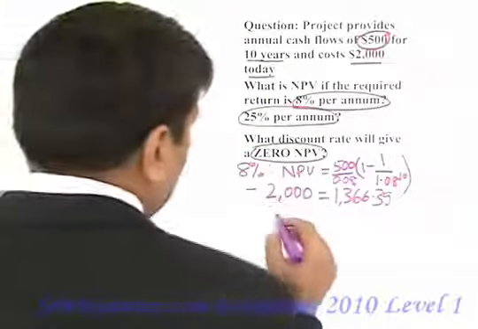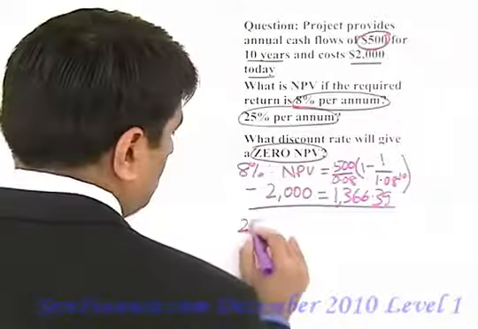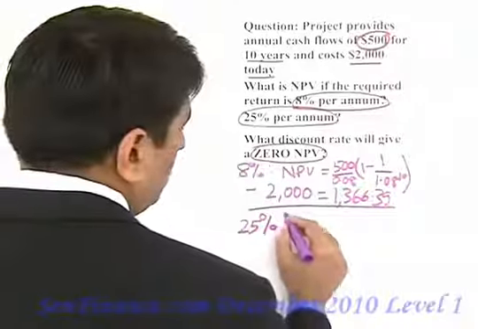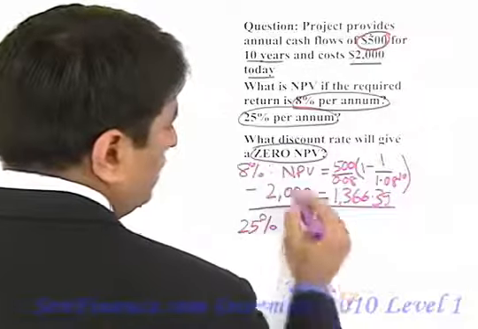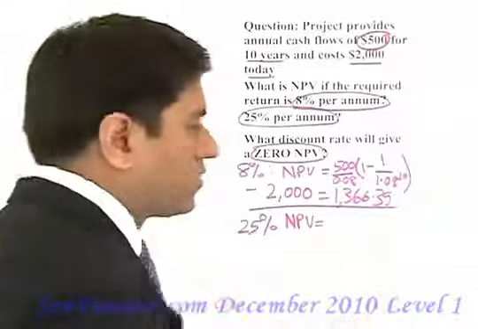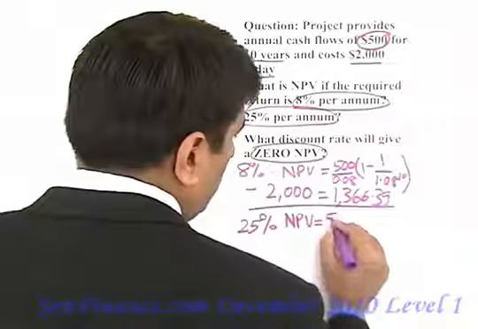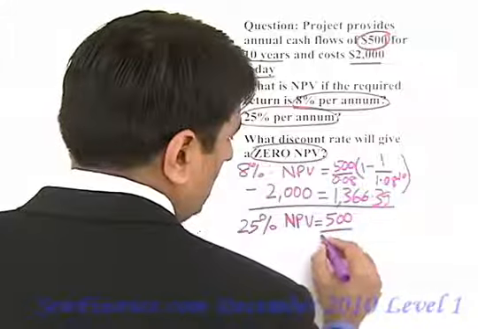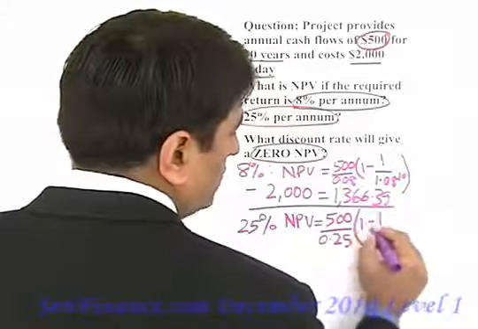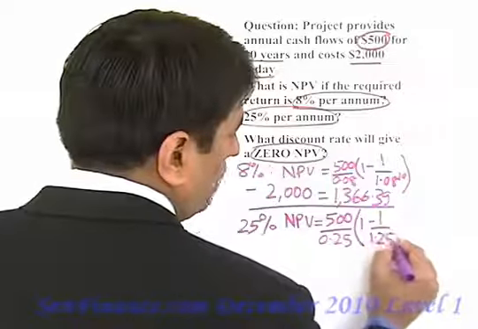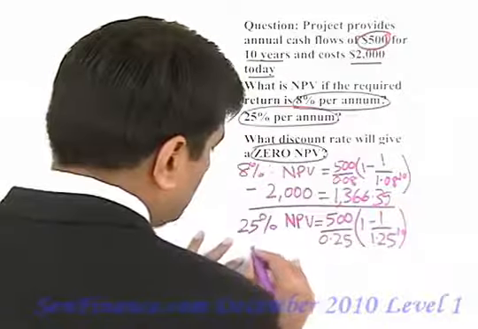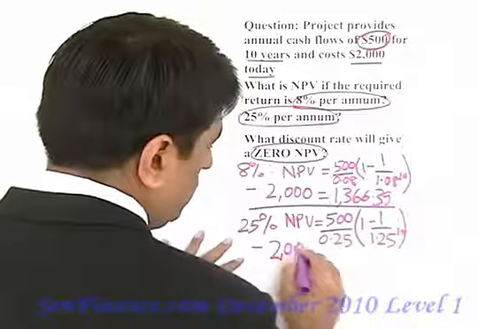What if the discount rate was 25%? If the discount rate is 25%, then the NPV will be reduced, because now the annuity value of this cash flow is going to go down. The annuity value will now be 500 divided by 0.25, into 1 minus 1 upon 1.25 to the power 10, minus the cost.